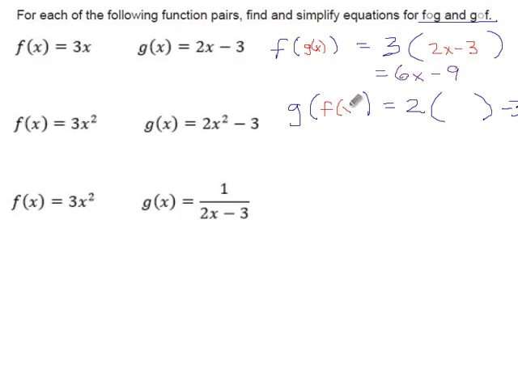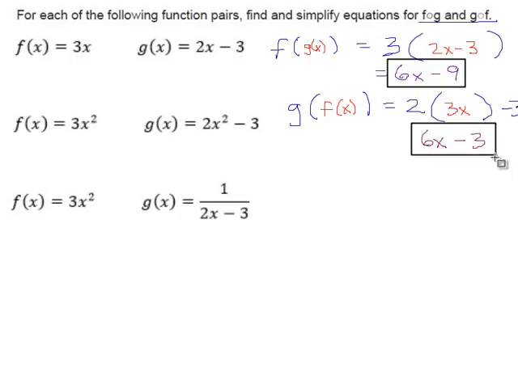Function f, which is, in this case, 3x. If we clean that up, we get 2 times 3x is 6x minus 3. Done. So this is f of g of x. This is g of f of x. They're similar, but they're certainly not equal.